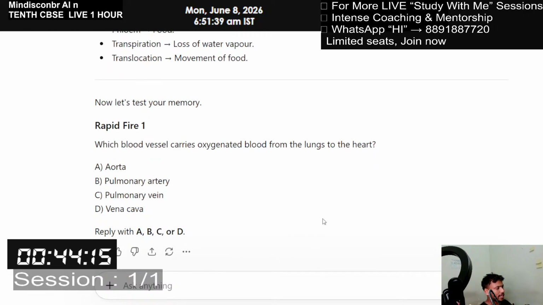Which blood vessel carries oxygenated blood from the lungs to the heart?